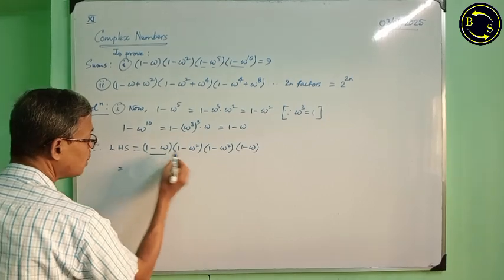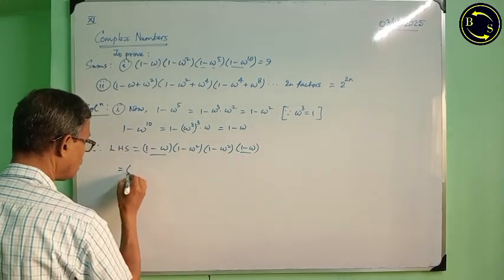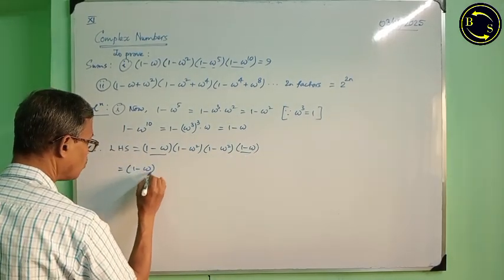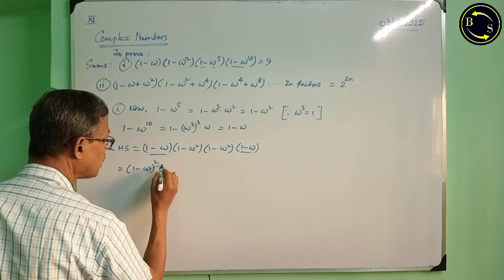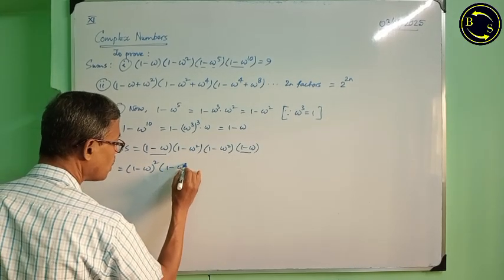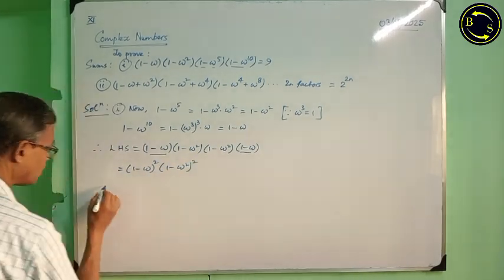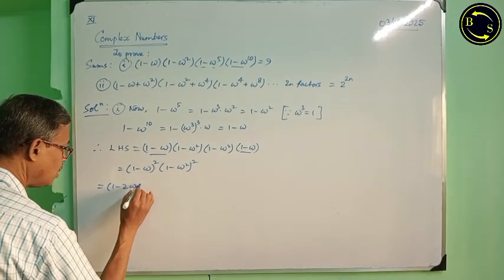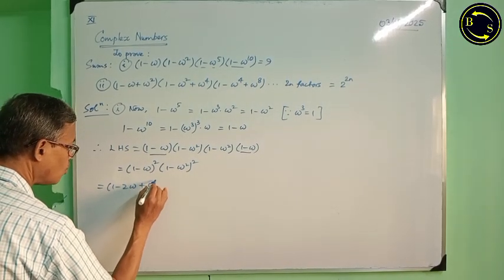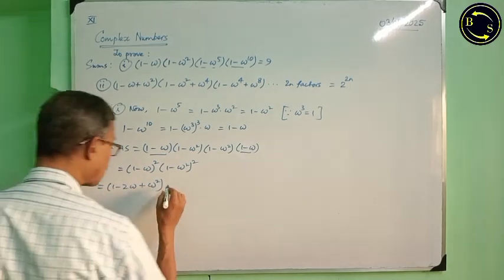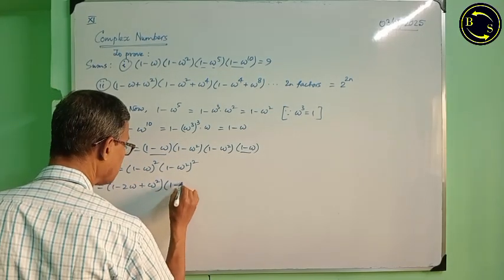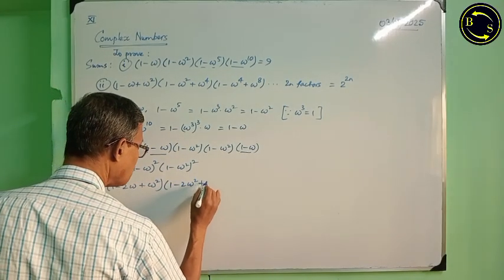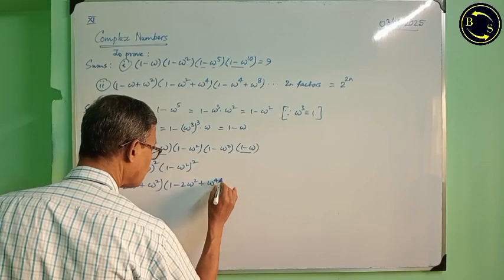Therefore, we get these two same, 1 minus omega whole square into 1 minus omega square whole square. Now, we expand: 1 minus 2 omega plus omega square, 1 minus 2 omega square plus omega to the power 4.